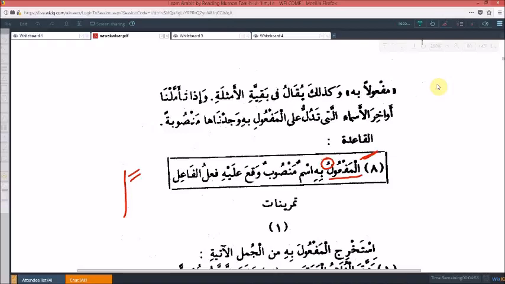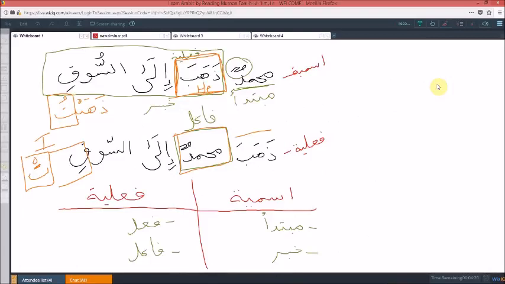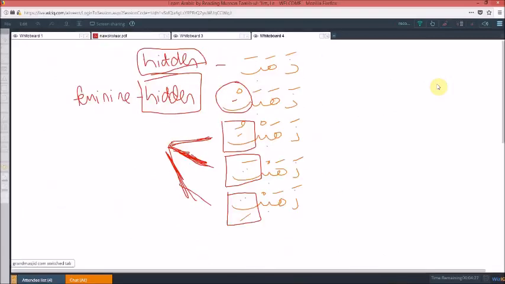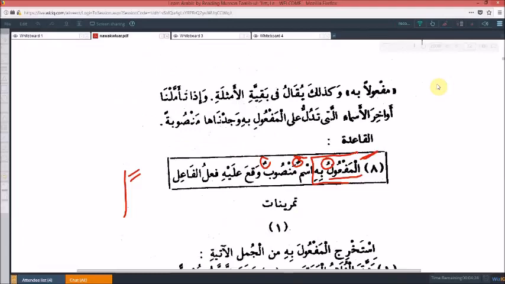Al-maf'ulu bihi, that's going to actually be the name. But we started out with al-maf'ulu, the noun. It's a mubtada. What about it? What's its khabar? Ismun. It is a noun. The maf'ulun bihi is a noun. The mubtada and the khabar are both marfu'. Now, ismun is a noun. So we said the object of the verb is a noun. Mansub. This is an adjective describing the noun. It is an accusative noun.